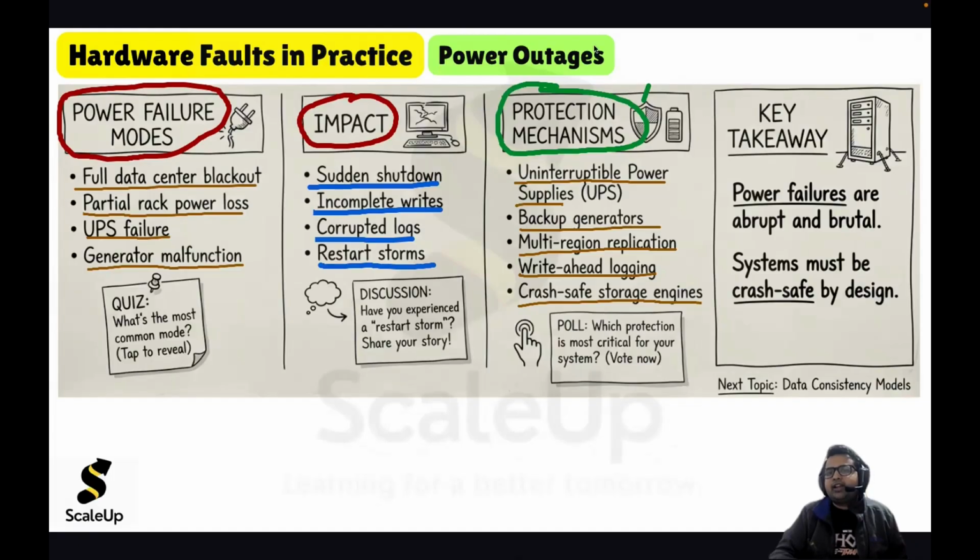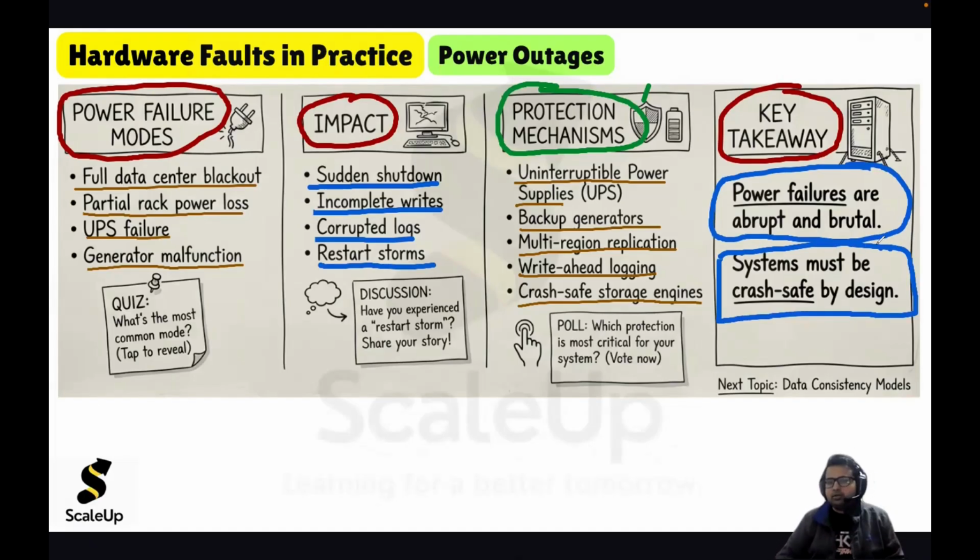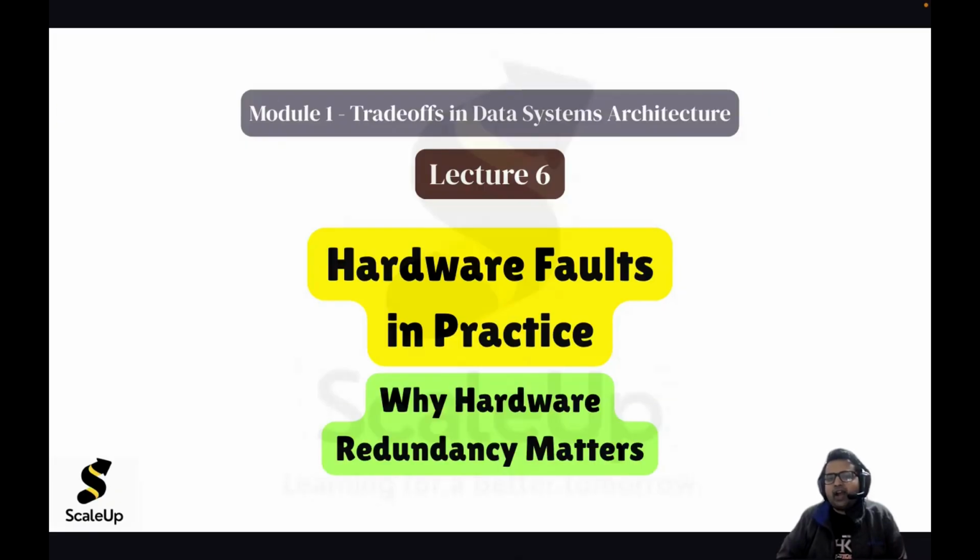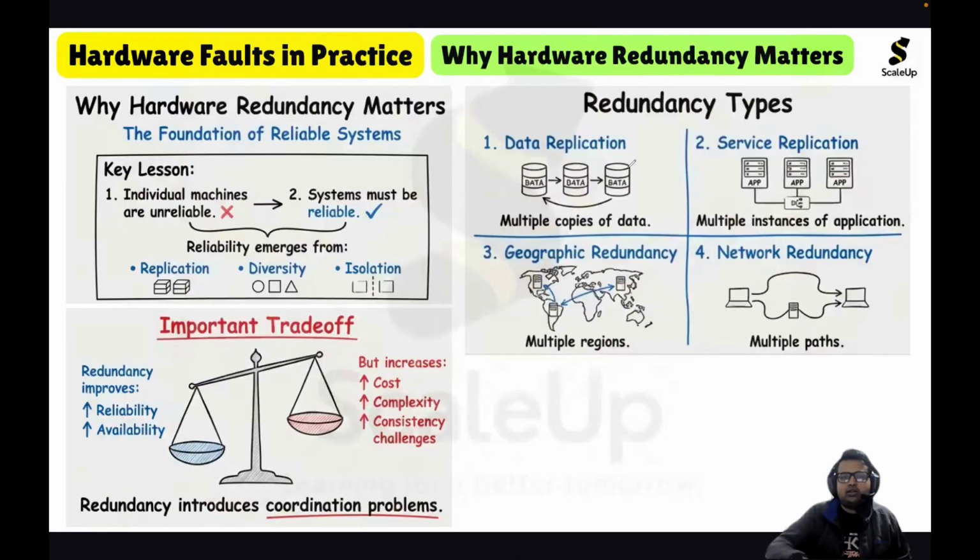The key takeaway is that power failures are abrupt and brutal, so systems must be crash safe by design. This is a very important discussion point. Why does hardware redundancy matter? One of the golden strategies to handle hardware faults in practice is hardware redundancy.